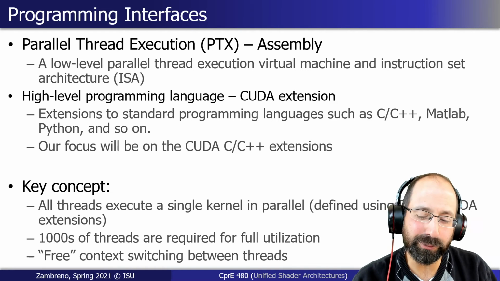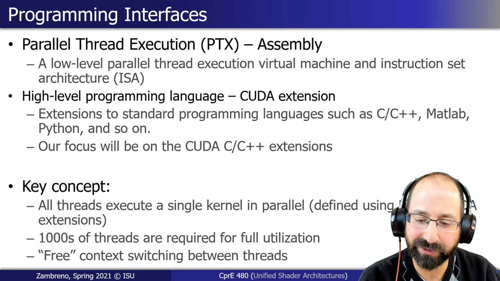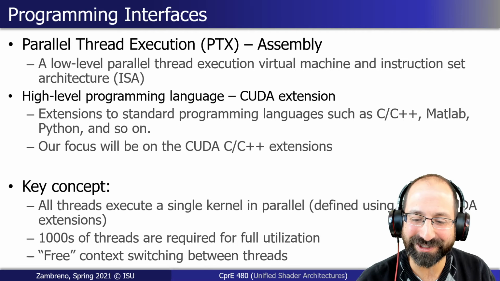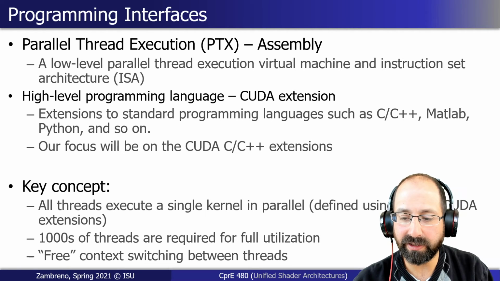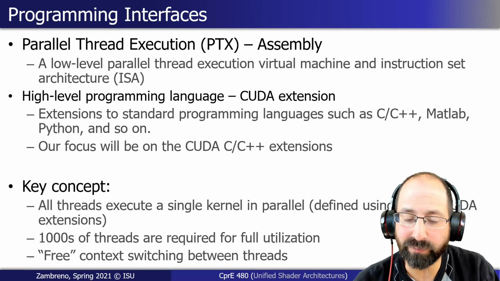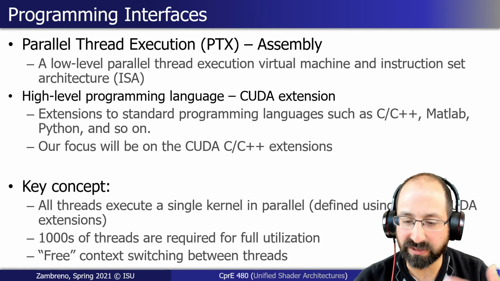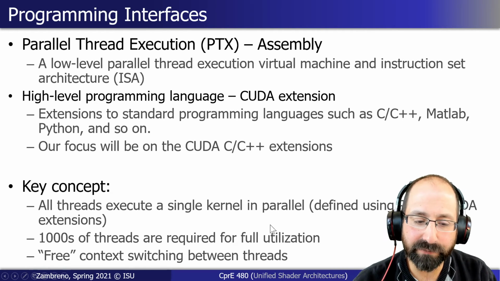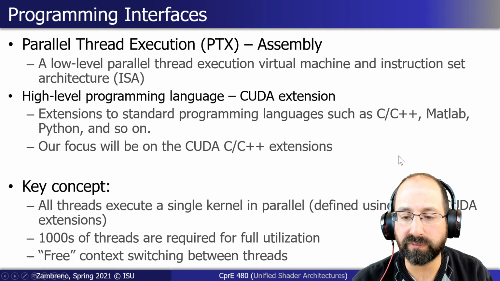And while we're limiting ourselves to one fragment per location in our screen for a lot of our applications, it could be many, many such fragments per location in our color and depth buffers. Generating millions of threads is hard to avoid in the graphics context. The hardware is built to handle that many threads. And then finally, for free context switching, we'll see what that means from the architectural perspective of what these cores are capable of doing.